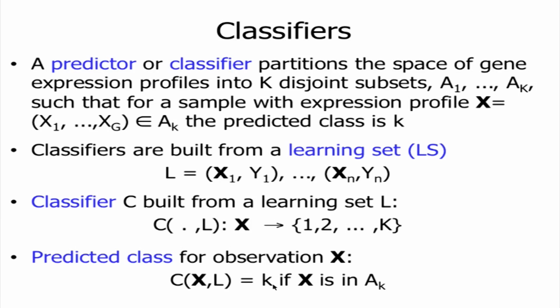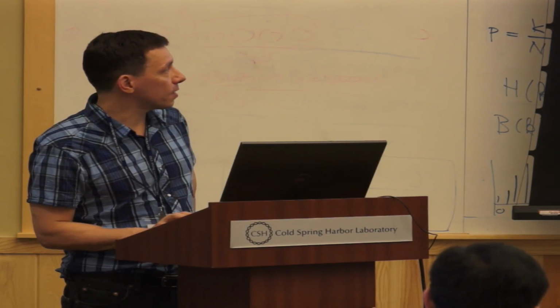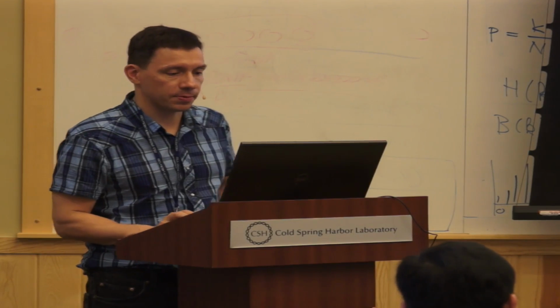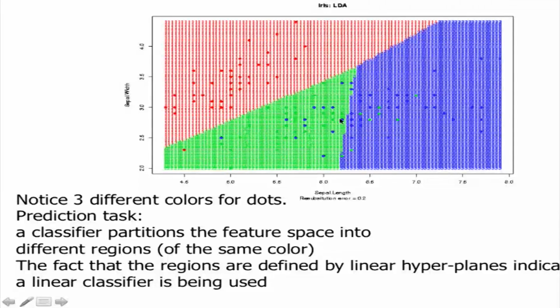All right. So coming back to this figure with the iris example, when you carefully look, you notice that there are some blue dots in the green region, and also there's a red dot in the green region. So what is the interpretation of that?